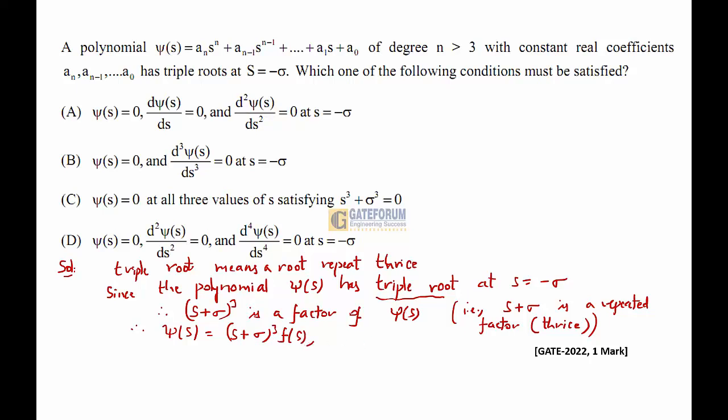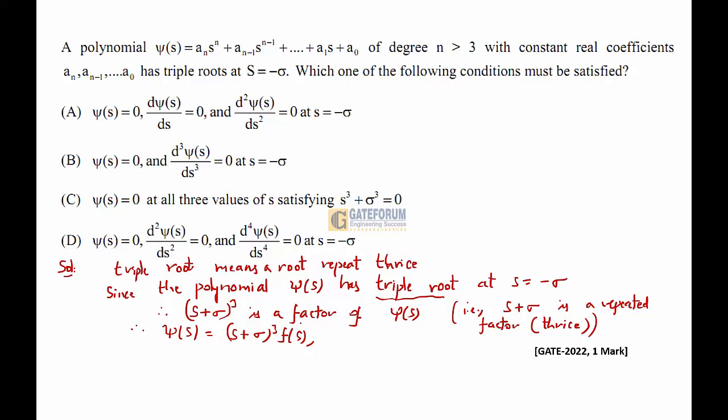See, what is a factor? Using the factor theorem, you know that suppose x is equal to 1 satisfies the given function f of x, then x minus 1 is a factor of the polynomial f of x. This is from 8th, 9th class factor theorem.